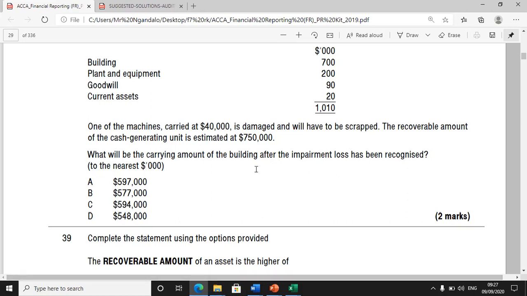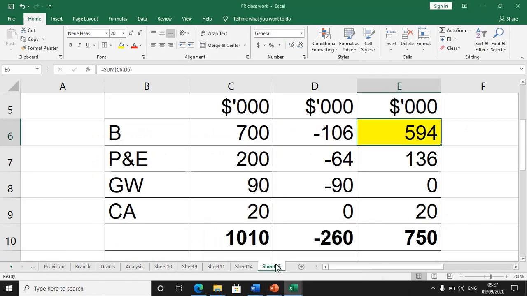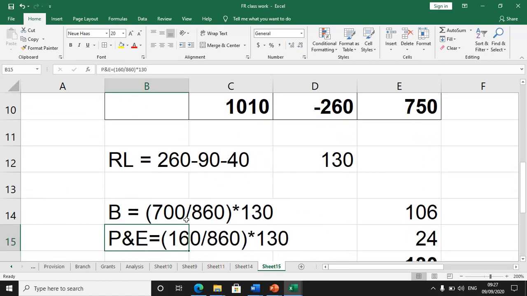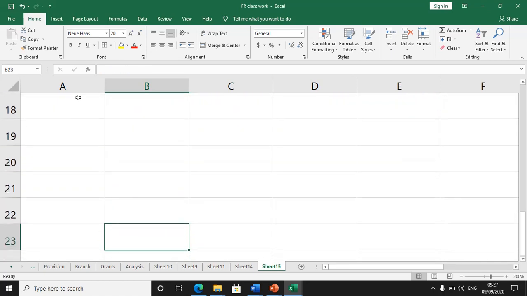After the impairment test, the carrying value of buildings will be 594. So thanks a lot for listening. I'd like to progress, and I don't want to be too long. I want to go to the next question.